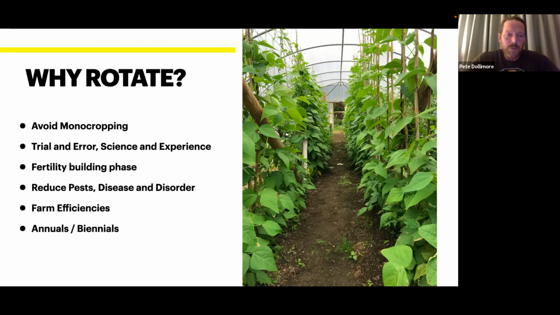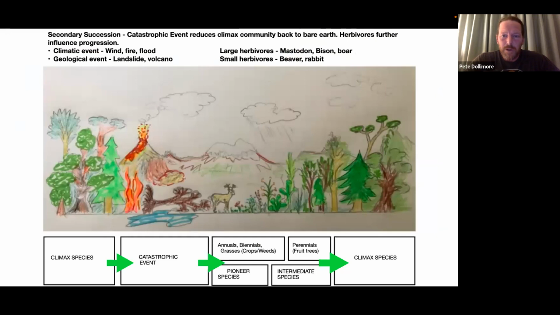And I just want to go back to these ecological principles. I learned this when I did my environmental science degree, that there's a climax community of plants that's reached in most natural communities, most ecosystems.